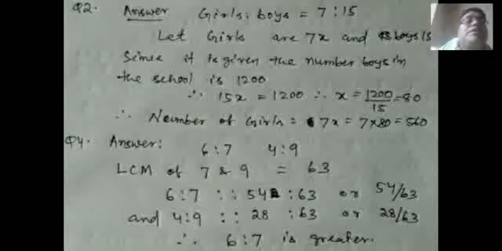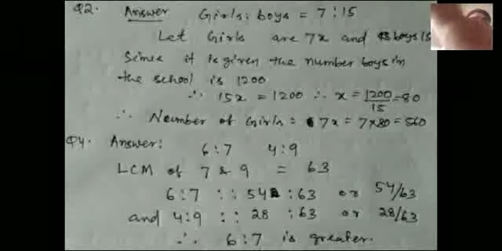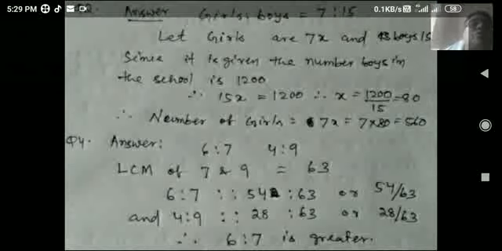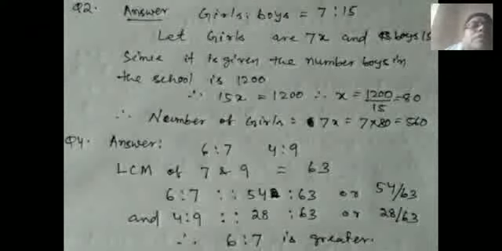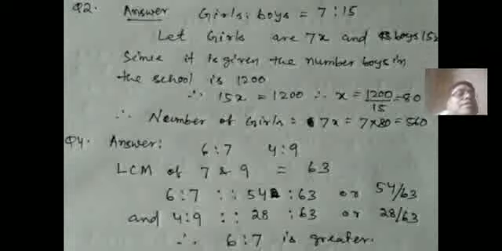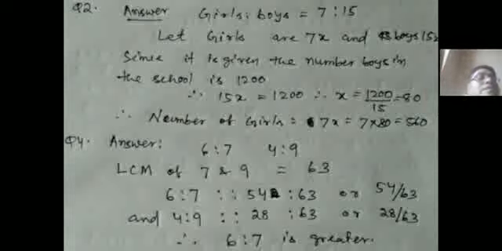Number of girls in a school. The ratio of girls to boys is 7 is to 15. Let us take the number of girls as 7x and boys as 15x.